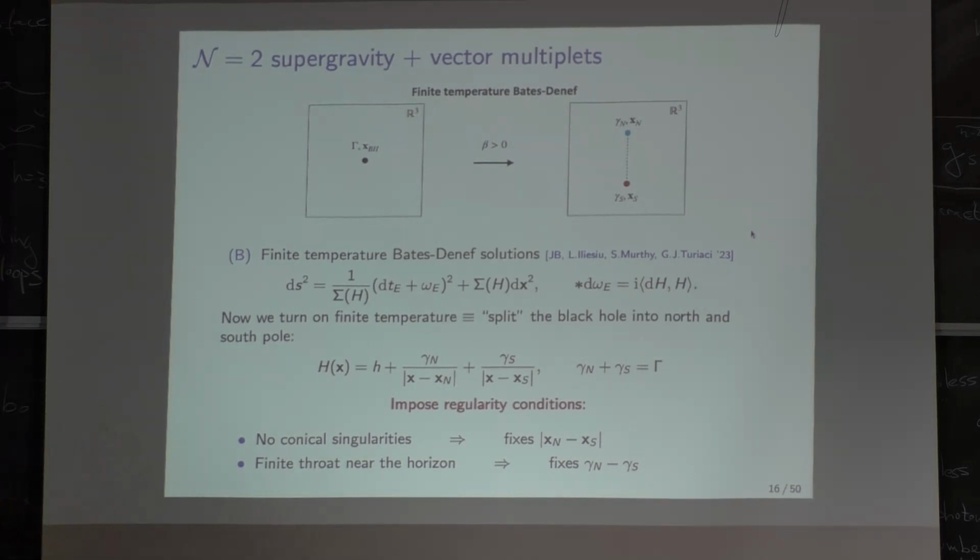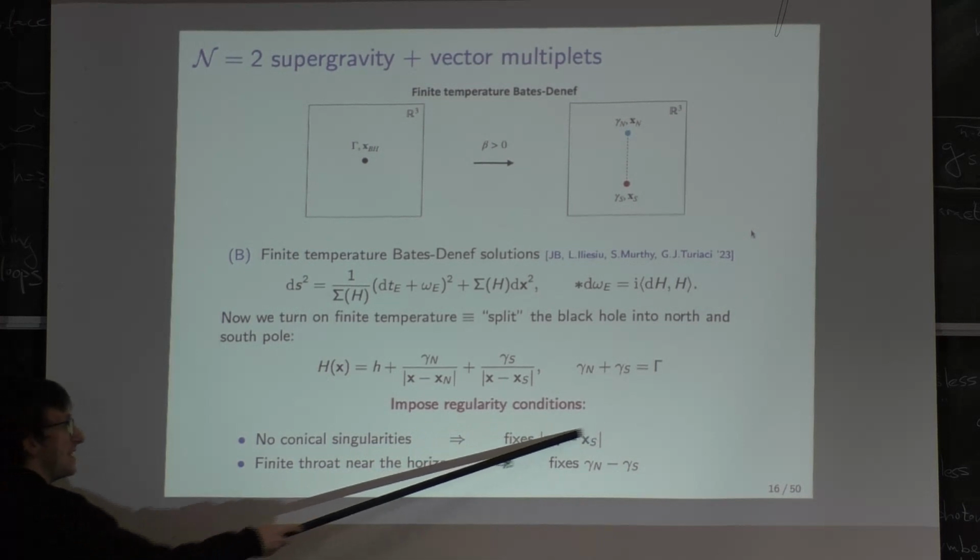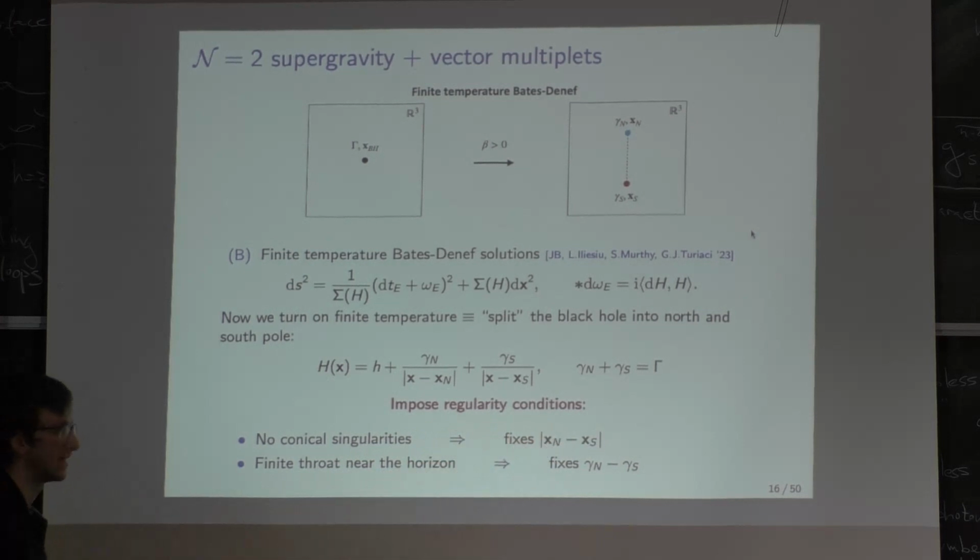To impose smoothness, we first impose no conical singularities in the geometry. It's the same story as with the supersymmetric rotating Kerr-Newman black hole, and as in the Israel-Wilson case, this will fix the distance between the North Pole and the South Pole.